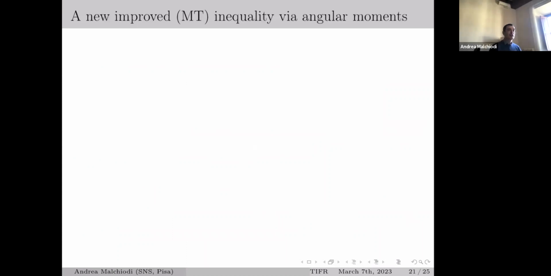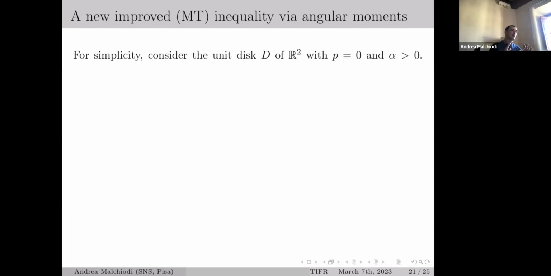I would like to describe briefly some new improved Moser-Trudinger inequalities via angular moments, and I consider a very simple situation, just to get the idea. Instead of taking a closed surface, I just take the unit disk in R2 with one singularity at the origin with positive weight alpha.